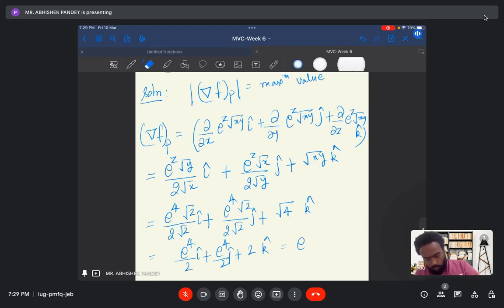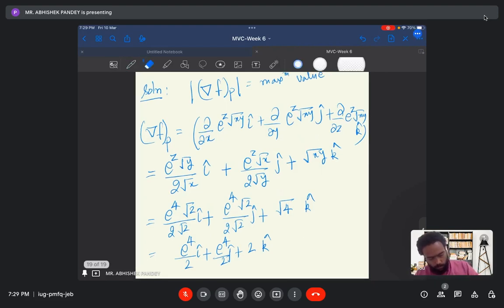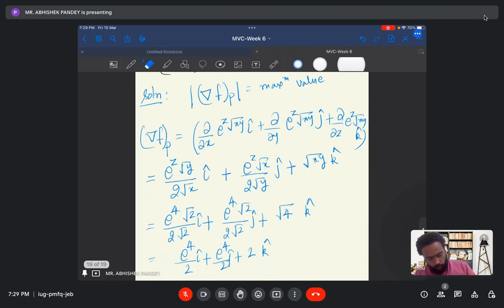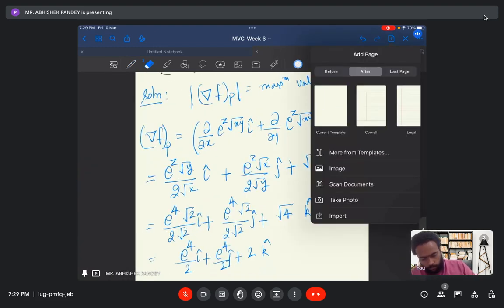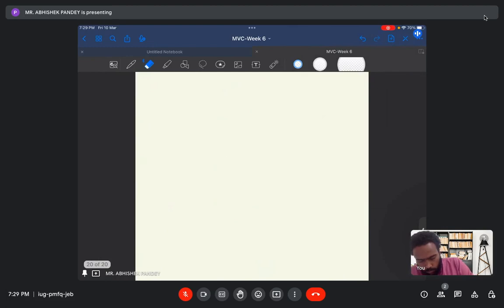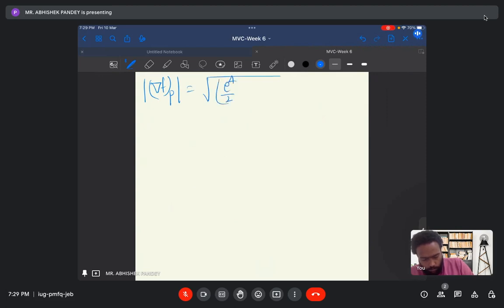Okay, so now this modulus del f at p is basically now e to the power 4 by 2 whole square plus e to the power 4 by 2 whole square plus 4.